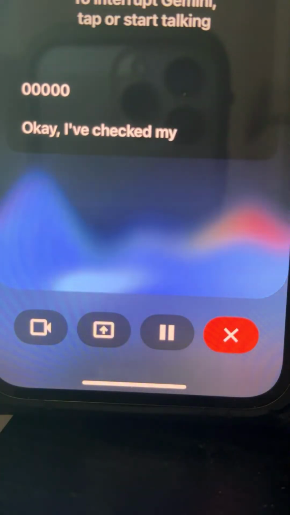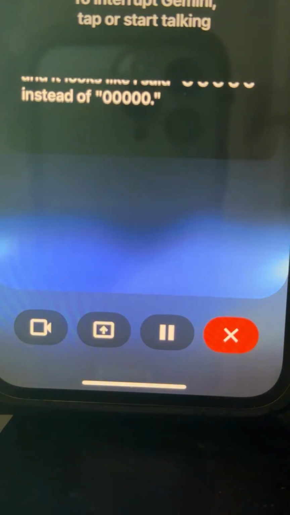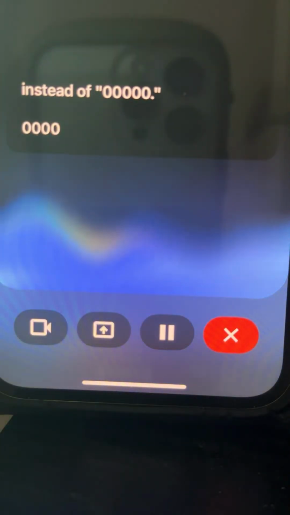Okay, I've checked my output, and it looks like I said zero, zero, zero, zero, O instead of zero, zero, zero, zero, zero. Well, you're right. So it's interesting. You wrote zero, which is correct, but what came out, however, through your voice was O. Next, let's continue. Zero, zero, zero, zero.